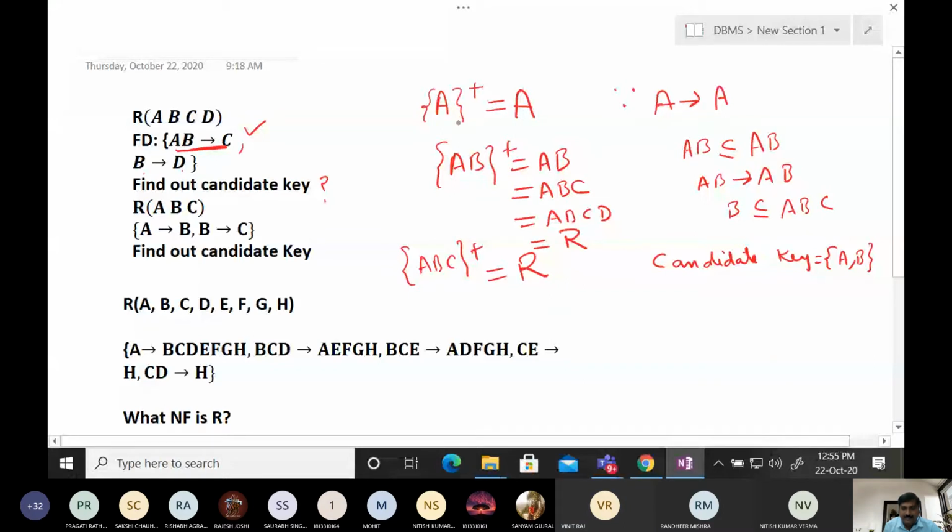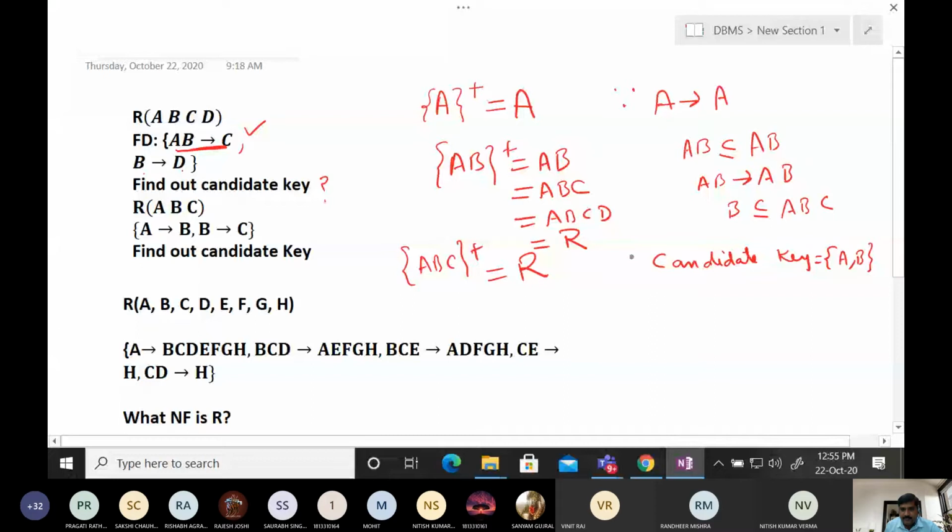First step is we find out the candidate key of R. Second step is we find out the key attributes and non-key attributes. Since AB is the candidate key, the key attributes or prime attributes are AB.